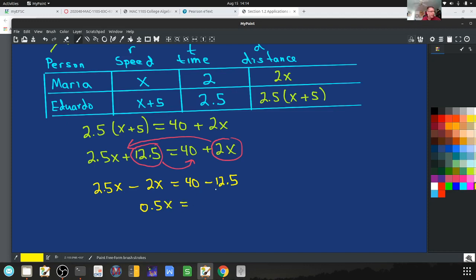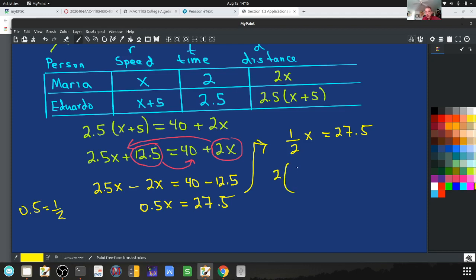And 40 minus 12.5 is 27.5. So we have to solve for x. One way to do it is just to divide both sides by 0.5. But there's a better way to do it. I know that 0.5 is equal to 1/2. So 0.5 times x is 1/2 times x, and that's equal to 27.5. To solve for x now, all I have to do is multiply both sides by 2.